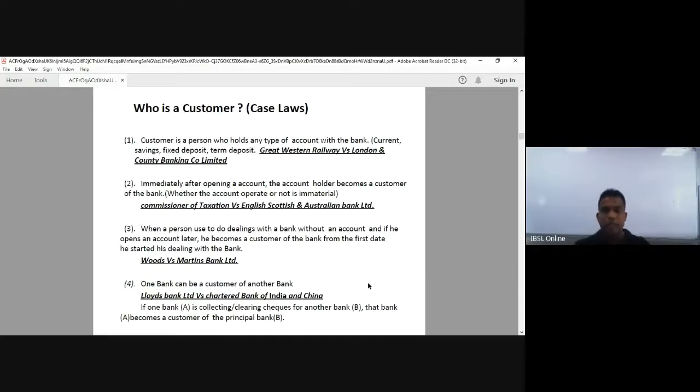In other words, if a person is not holding an account with a bank, he is not a customer. So the crucial point to decide whether a person is a customer or not is whether he is maintaining an account with the bank. If he maintains an account, he is a customer. If not, he is not a bank customer.